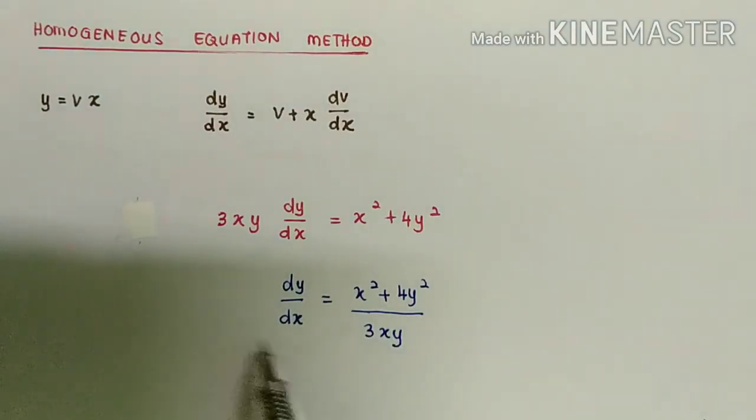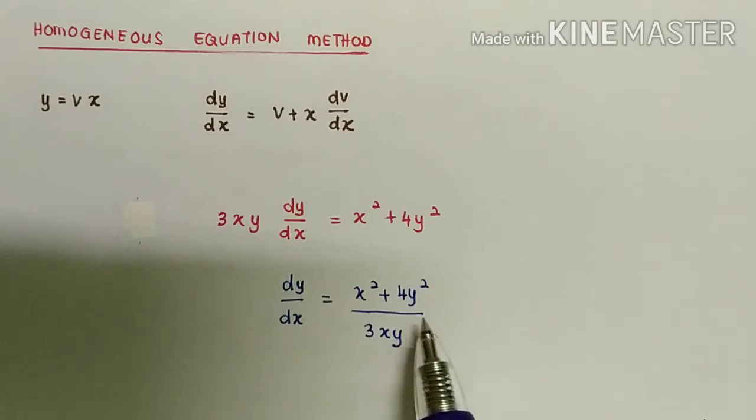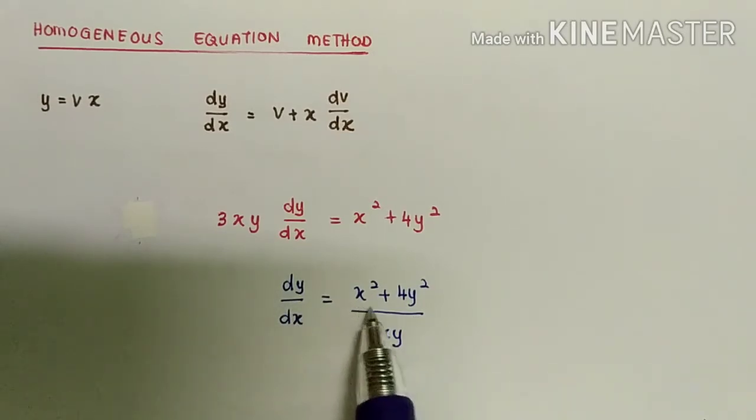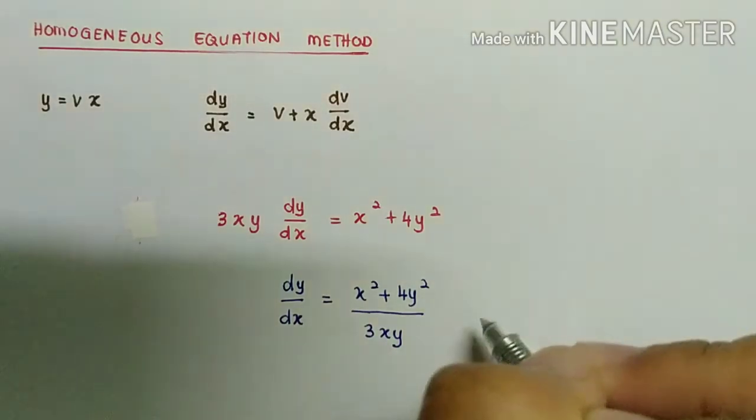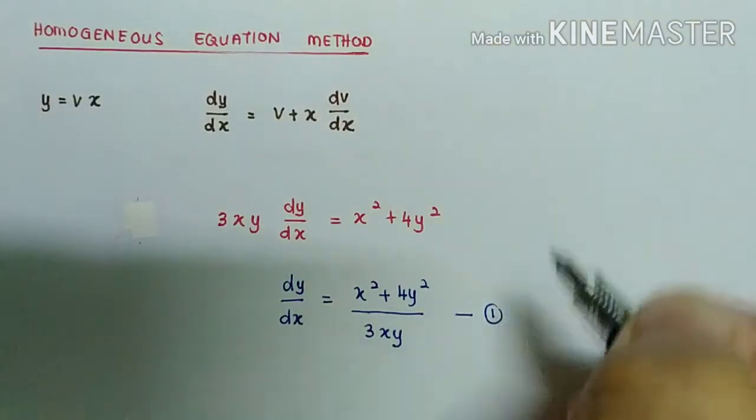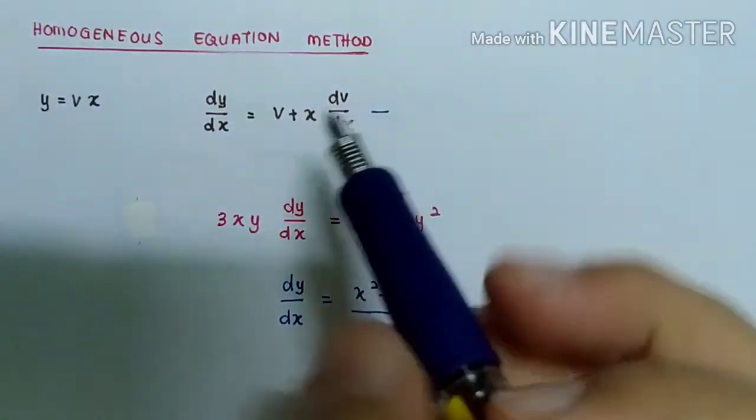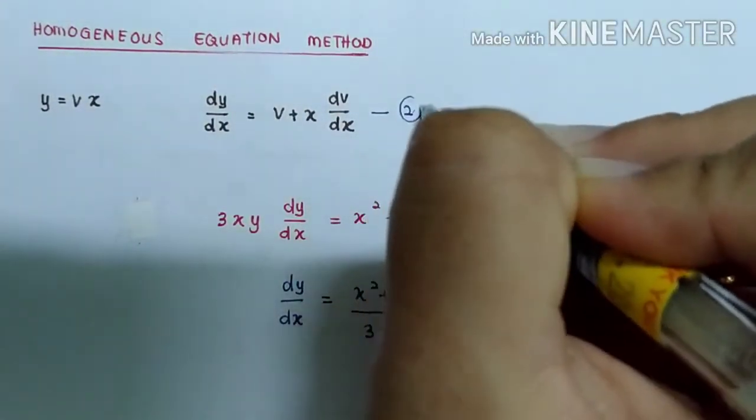So we must make sure that our equation is in this form: dy/dx equals x squared plus 4y squared over 3xy. This is our first equation, and this is our second equation.